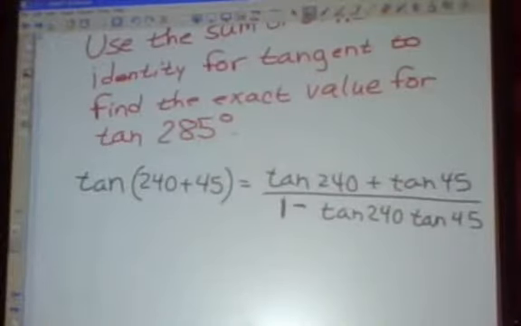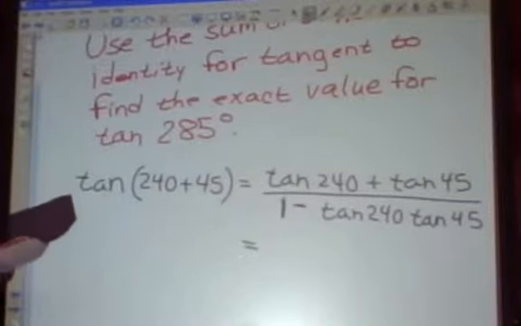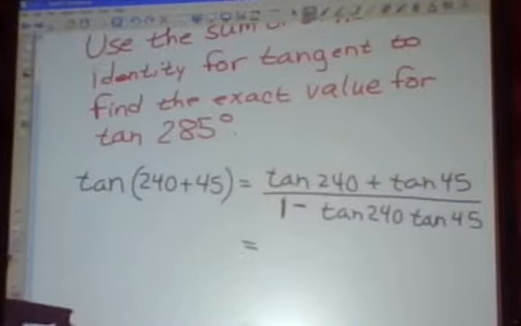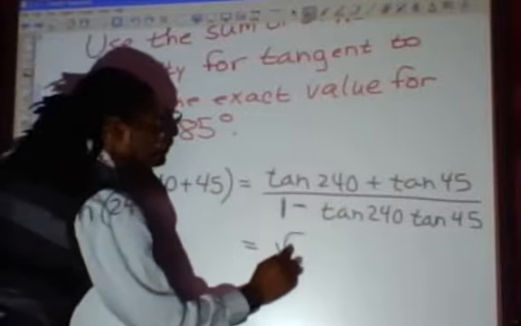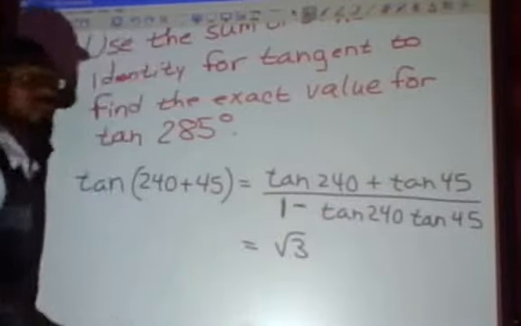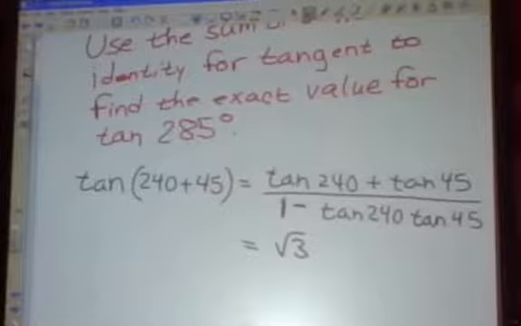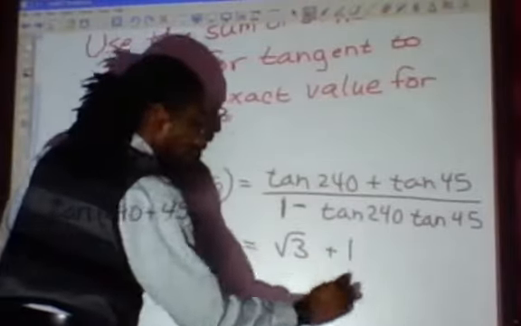That requires us to go back to our chart again and find the values for this. So our value for tan 240 is square root of 3, just square root of 3 completely. And the value for tan 45 degrees is positive 1.